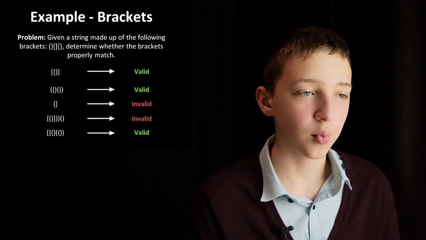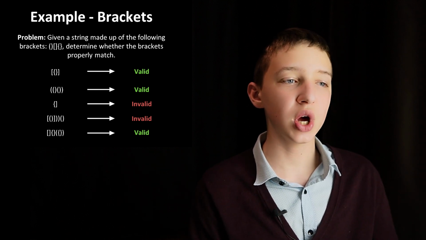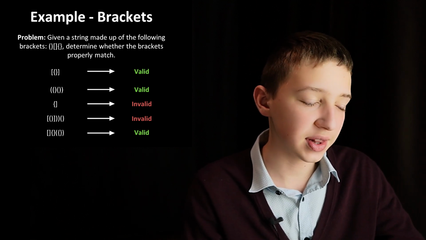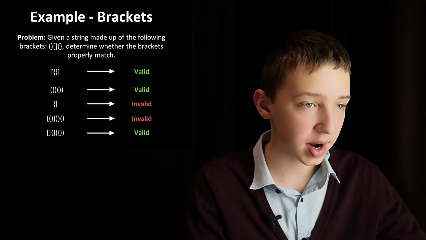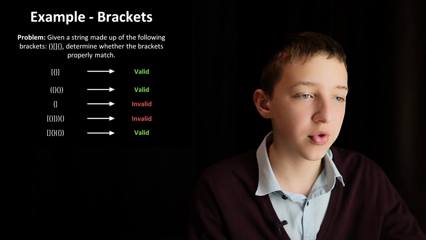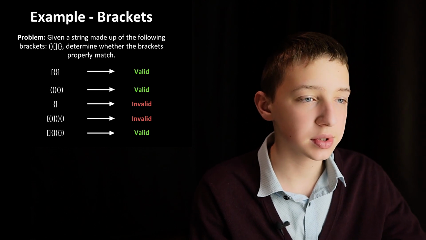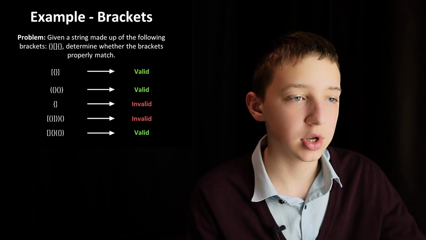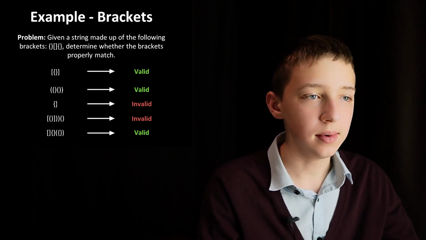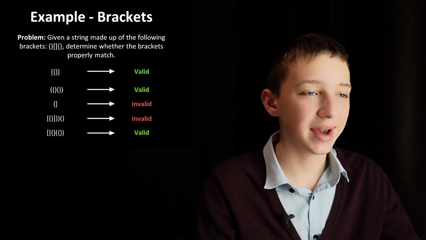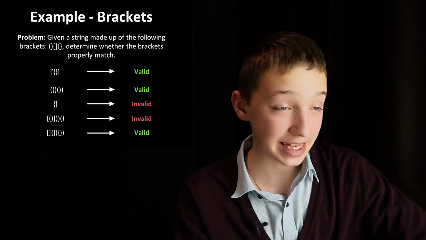The third one is very simply invalid, because we have a right bracket not of the same type, but of the other type from the left bracket, and the same goes for the next example. I think these examples are simple. Do these examples make sense? They do. Okay, hopefully.